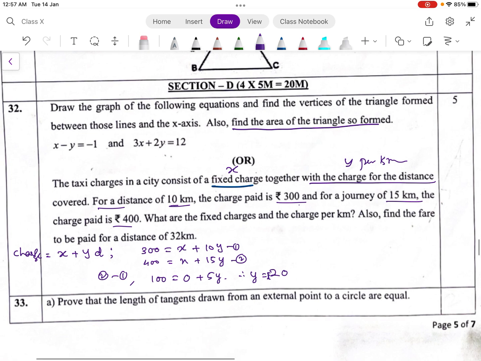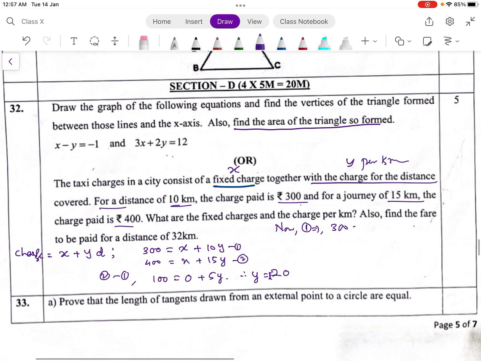Now from 1 or 2 you can obtain x. From 1, 300 equals x plus 200, so x will become 300 minus 200 equals 100. So fixed charges are rupees 100.